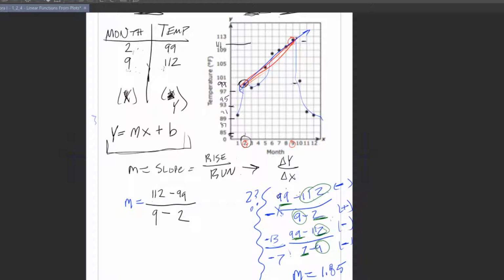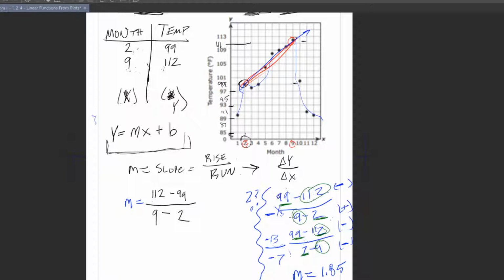This equation gave you the wrong answer because you're flipping the order of things, right? You're saying that the rate of change of temperature went from 99 to 112, and that went from month 9 to month 2. So you're doing it backwards technically.